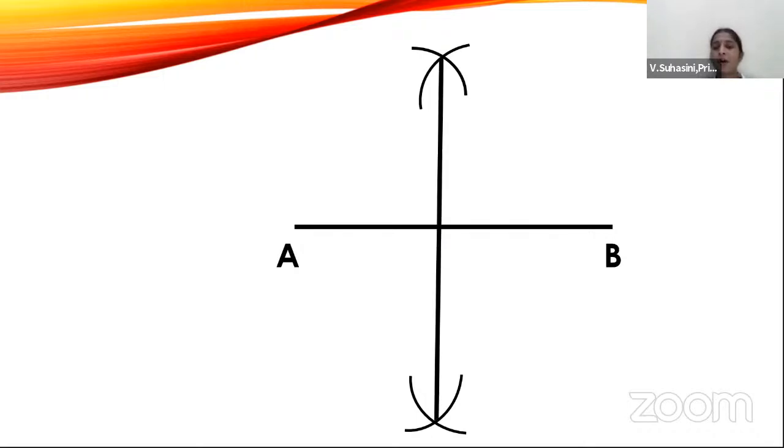What is the figure formed, children? It's a straight line, a straight line with some additional qualities. Which straight line? The straight line which is perpendicular to AB and which is bisecting AB. Hence, the locus in this case is a straight line which is also the perpendicular bisector of the line segment AB. This is the locus in the present case.